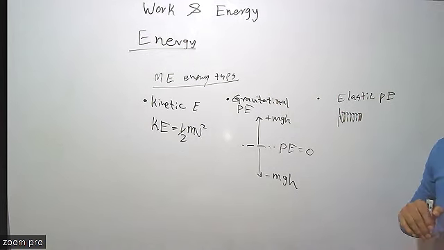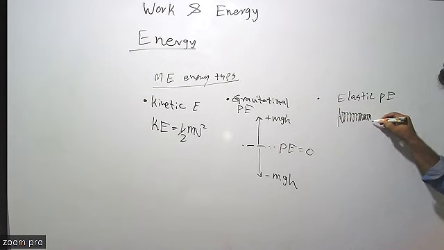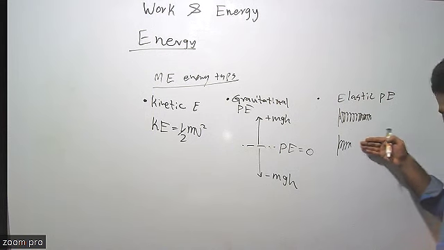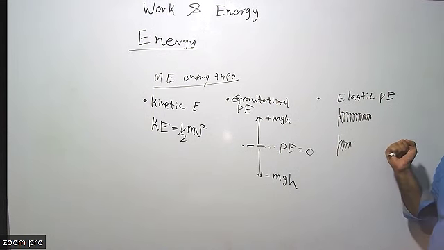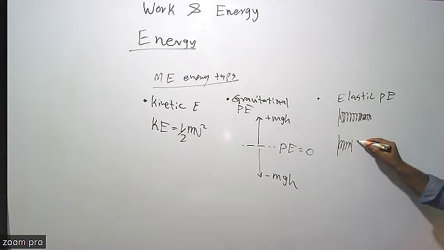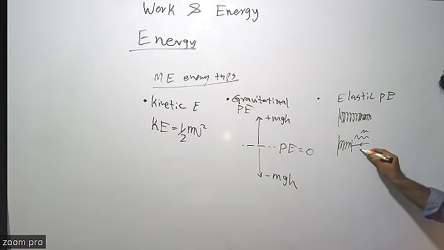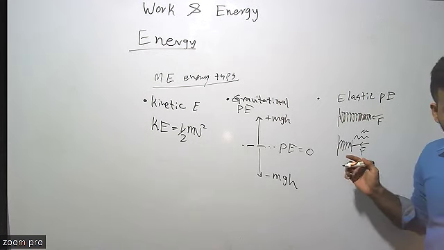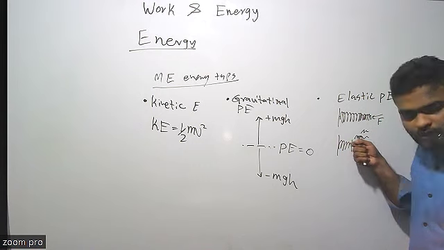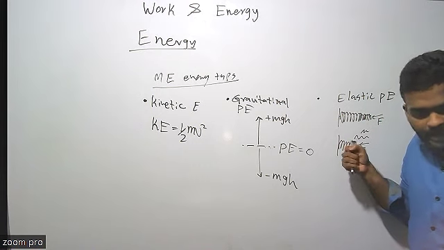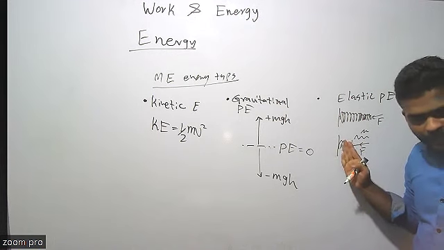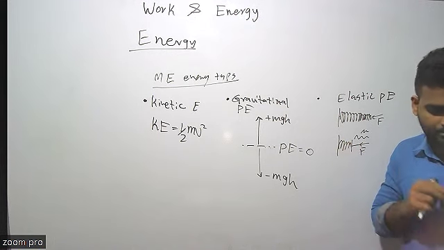Let's say a spring. You have this spring here. Let's say you compress it by an amount x by applying a force, capital F. So we have to do work against the spring. The work we did is stored in the spring as potential energy. Understood?